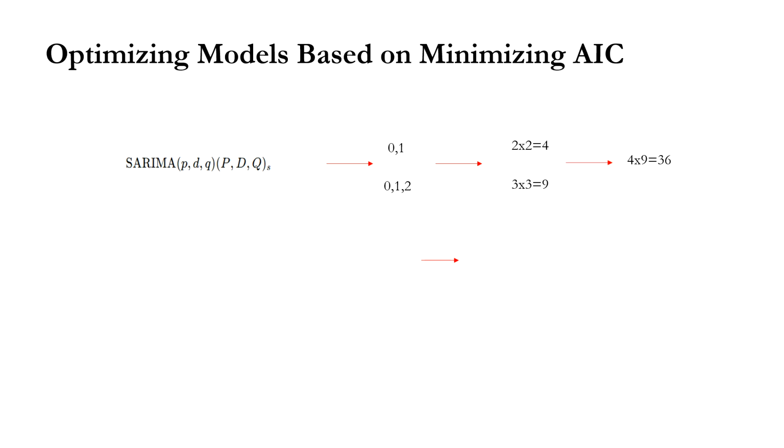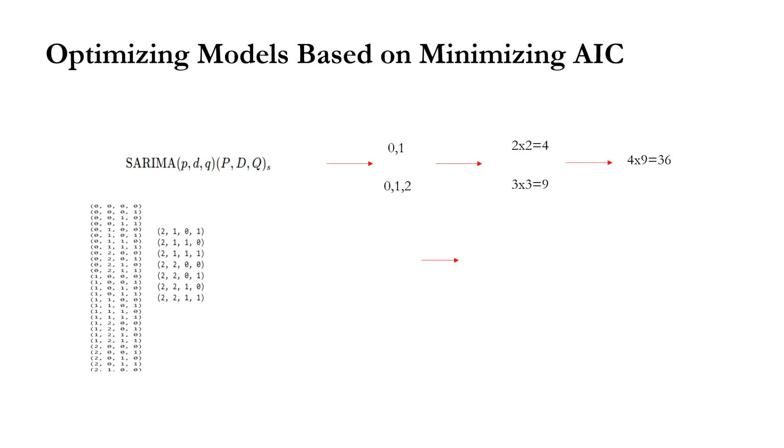And that leads to a total of 36 parameter combinations, right? That's quite a lot. It's a lot more than what we saw earlier with the ARIMA, where we had 9. Here are the parameter combinations that we have to loop through to find the minimum AIC.